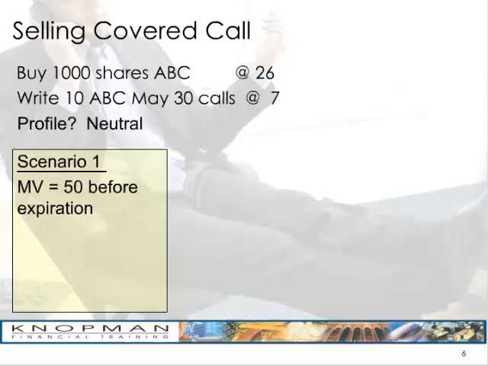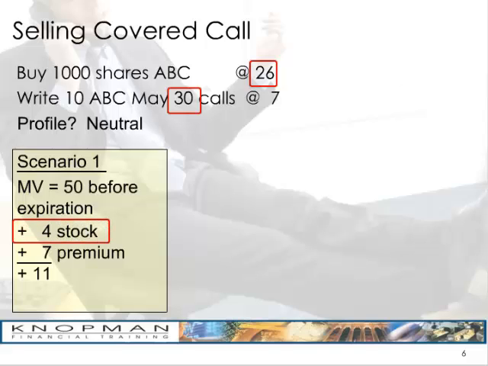So you have to deliver it for 30, but what price do we pay for the stock? We bought it for 26. So we actually make $4 a share because it's called away for 30. So therefore we make the $4 difference. And we also made the premium because if you sell an option, you get paid. So we made that $7 premium. So overall, not too shabby. We made $11 a share.